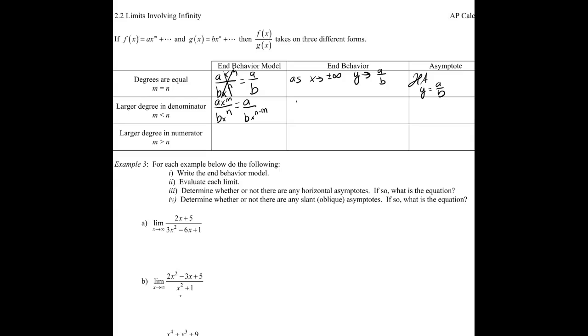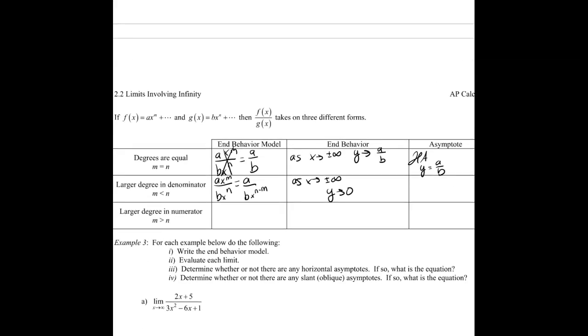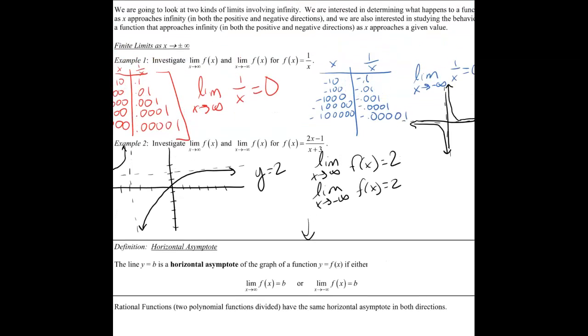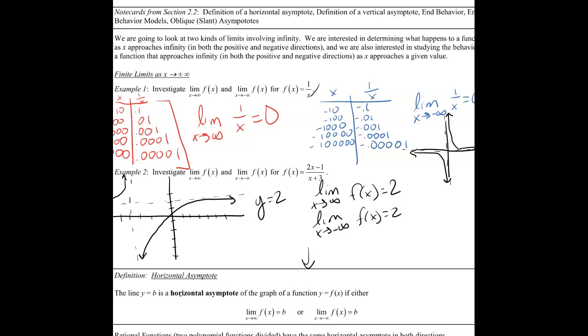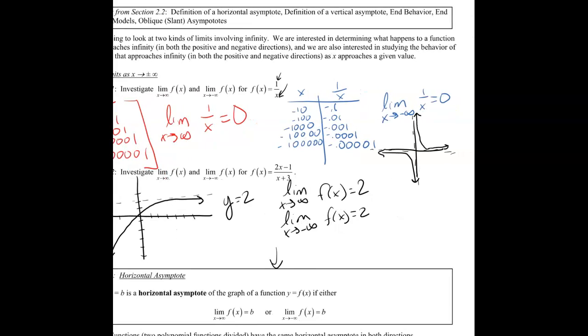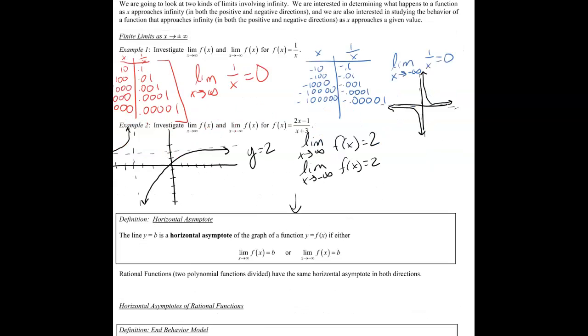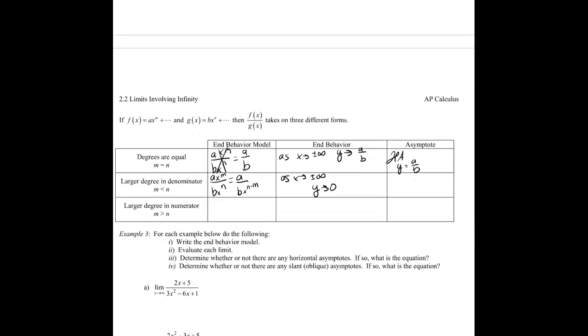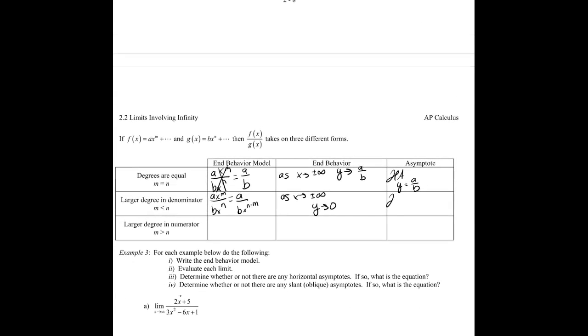So as x approaches positive or negative infinity, your y should approach 0. My denominator grew faster while my numerator stayed the exact same. It will approach 0 because my denominator gets larger. Alright, so my horizontal asymptote in this case is just y equals 0.